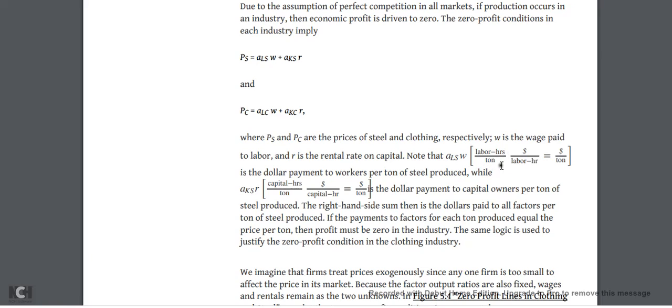To produce a ton of a commodity, how many labor hours are utilized? And next, it is the dollar per labor hour.